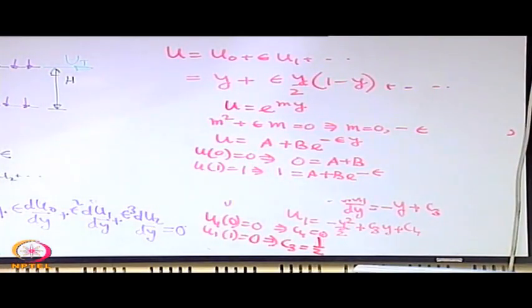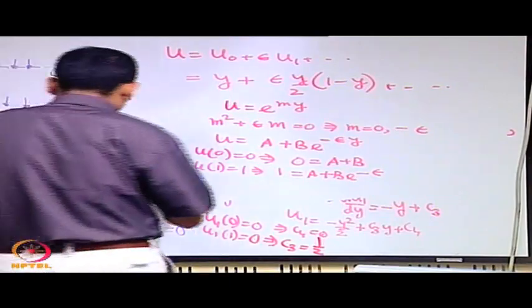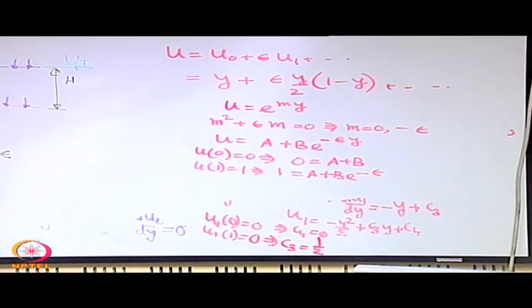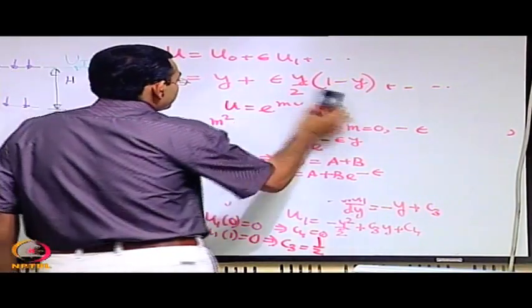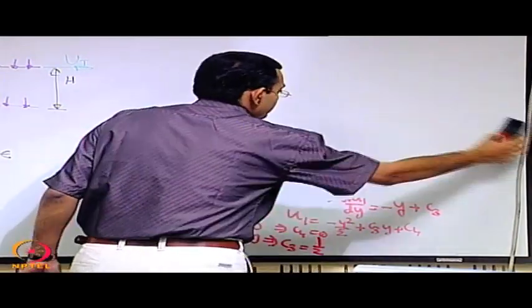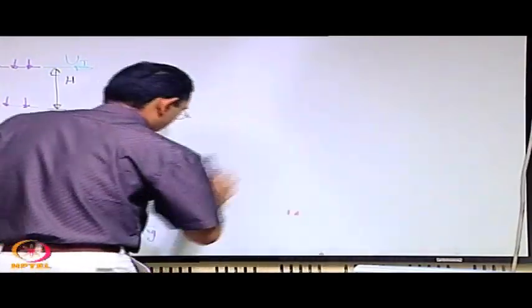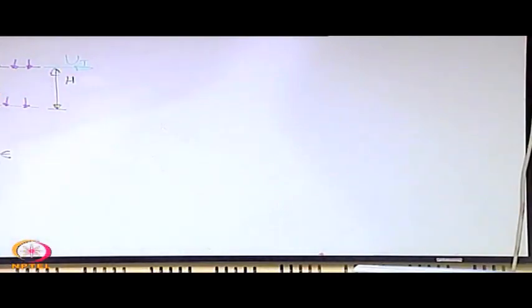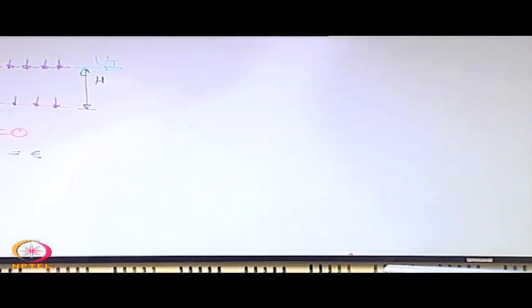So this is for low Reynolds number. Let us consider the other case, the Reynolds number as large. The second limiting case that we are considering is the large Reynolds number.